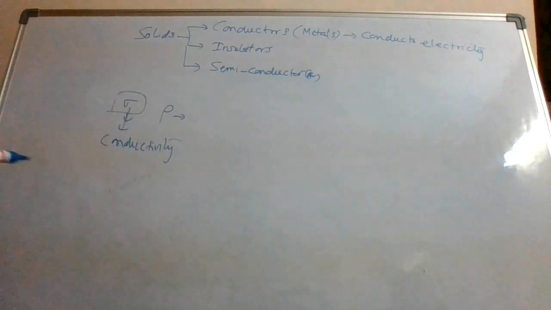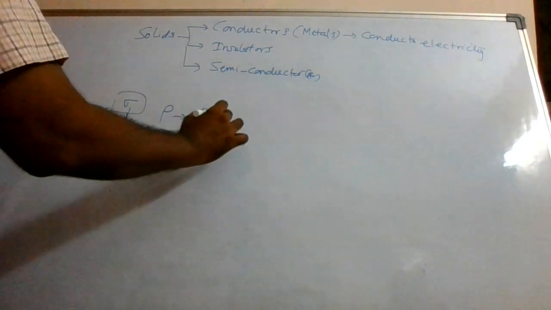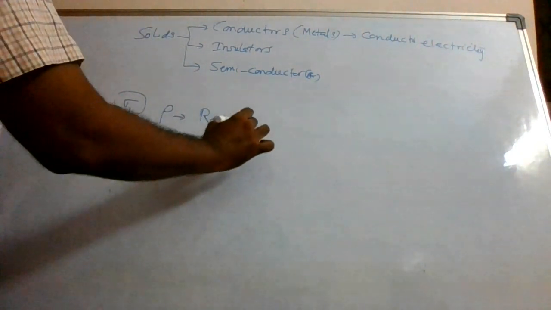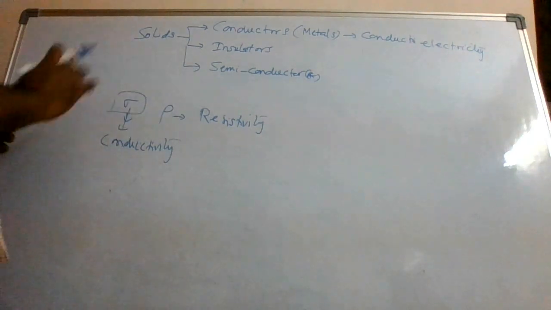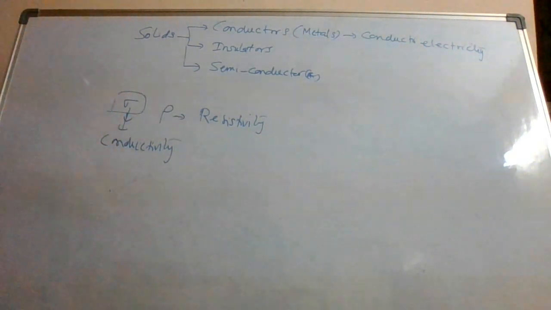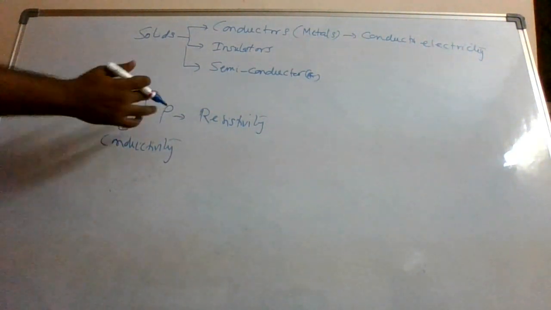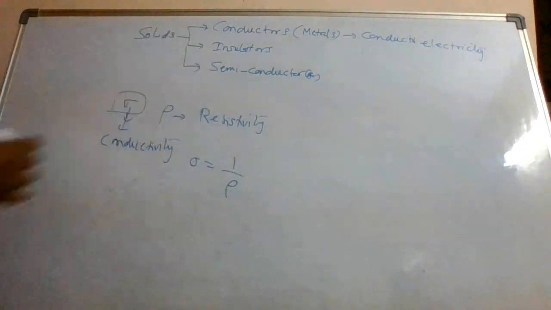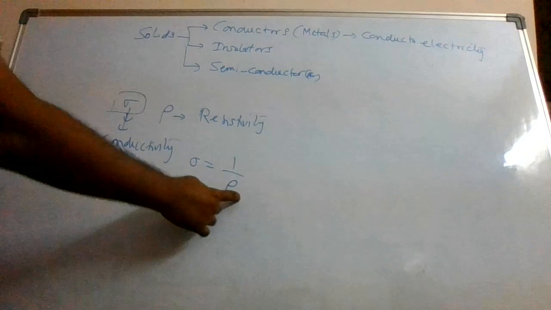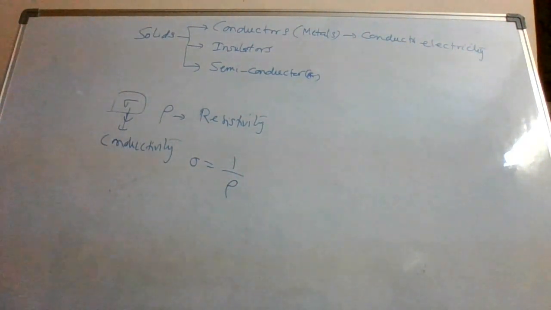How much it can resist is told by resistivity. You take any material, how good it is in resistance is told by resistivity. The relationship is conductivity is 1 upon resistivity. More resistivity, less conductivity.